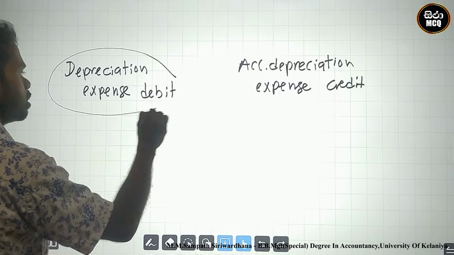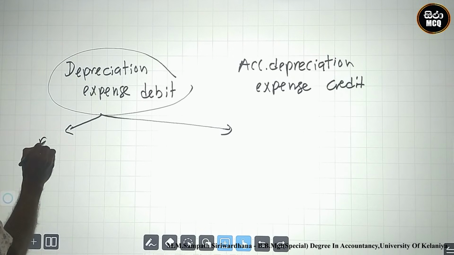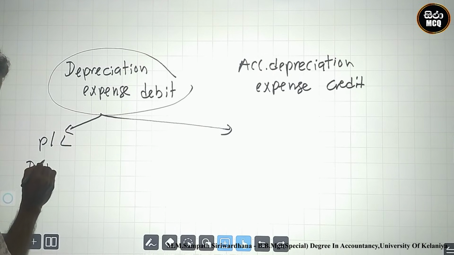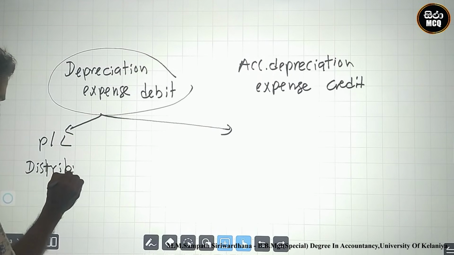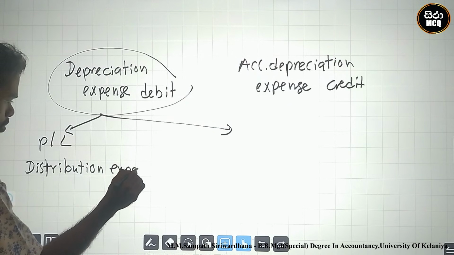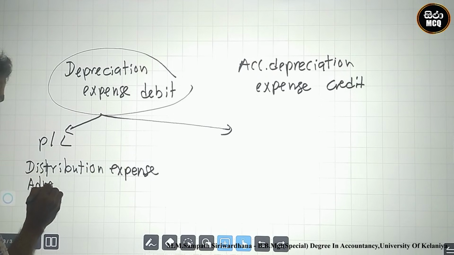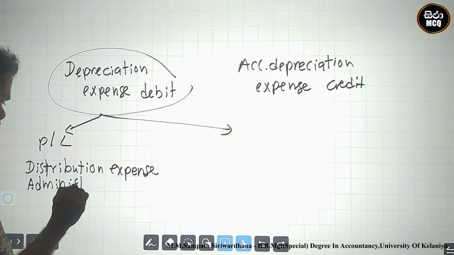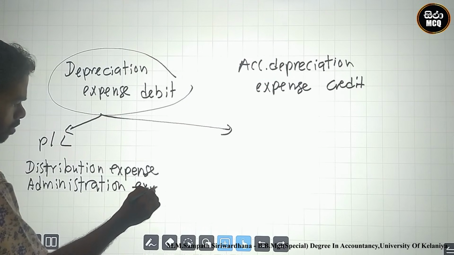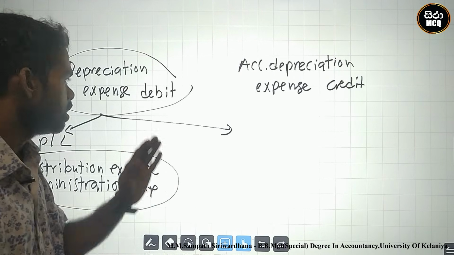This is the major point. Expense should be identified in P&L. P&L means this is distribution expense or administration expense. This is the normal path, the normal destination.